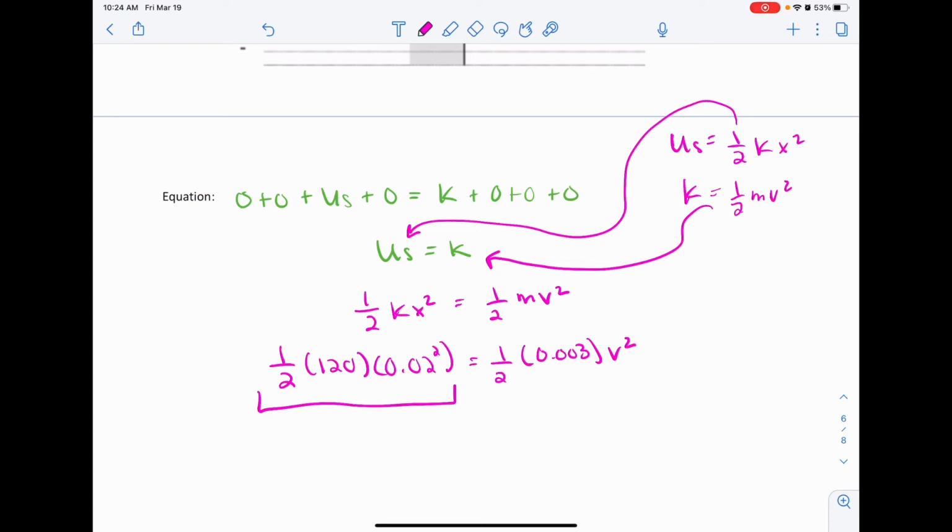So I'm going to do 1/2 times 120 times 0.02 squared. And I get 0.024 equals, and then if I do 1/2 times 0.003 in my calculator, I get 0.015 v squared. I'm going to divide both sides by 0.015.